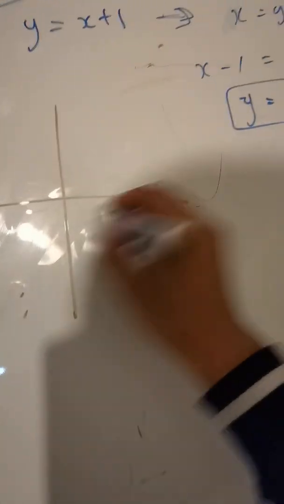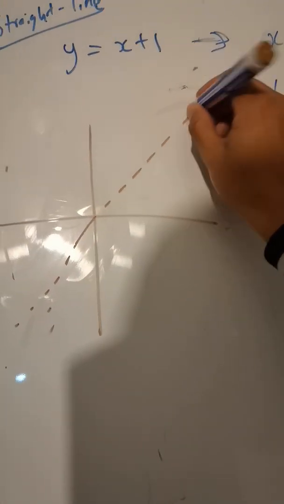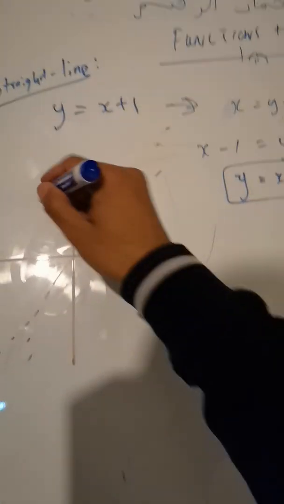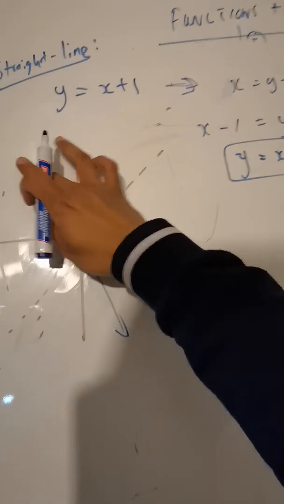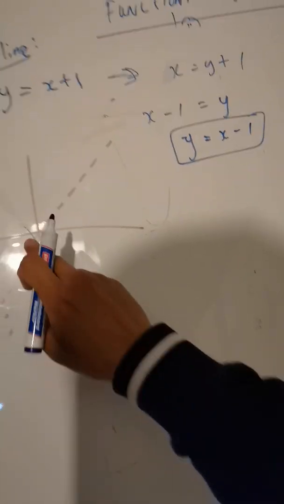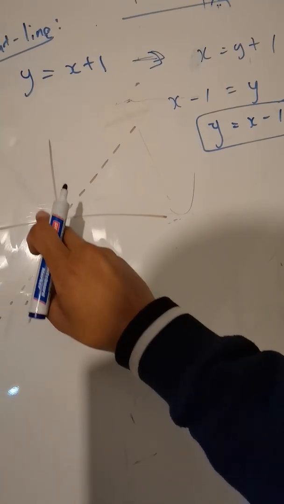It looks a bit messy, so let me just repeat it quickly. Let's say that's the y equal to x, right? And then let's say our first graph looks like that.